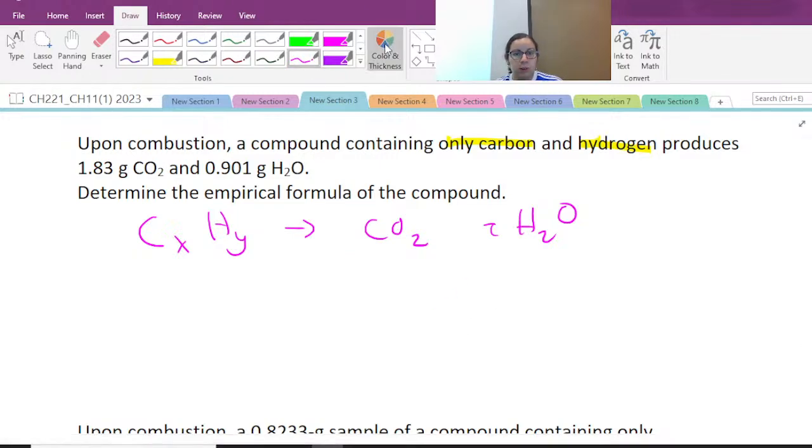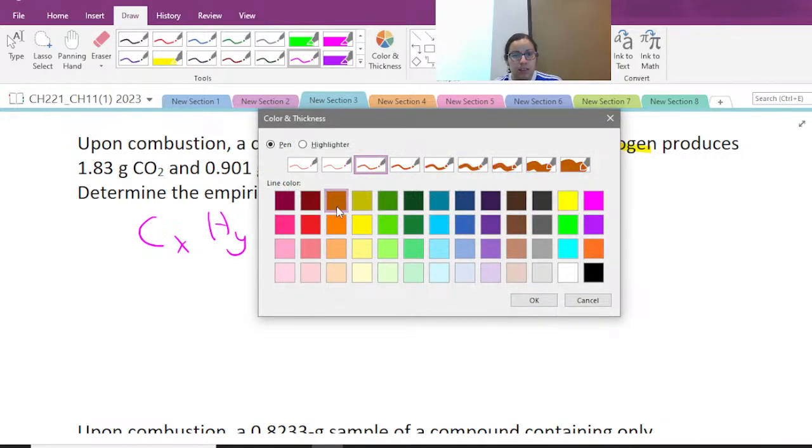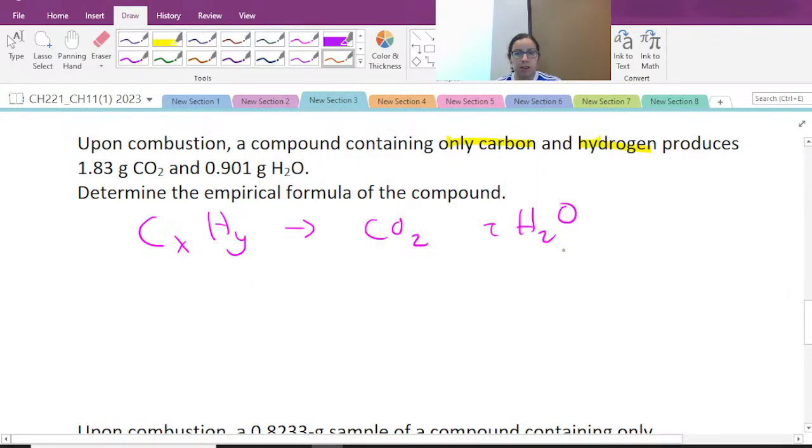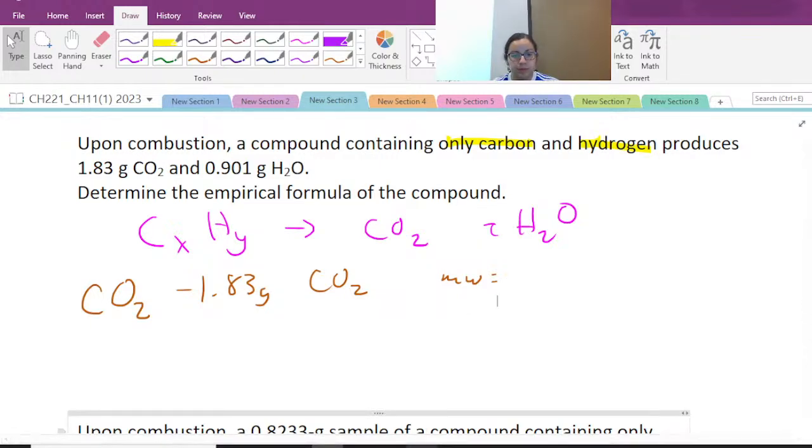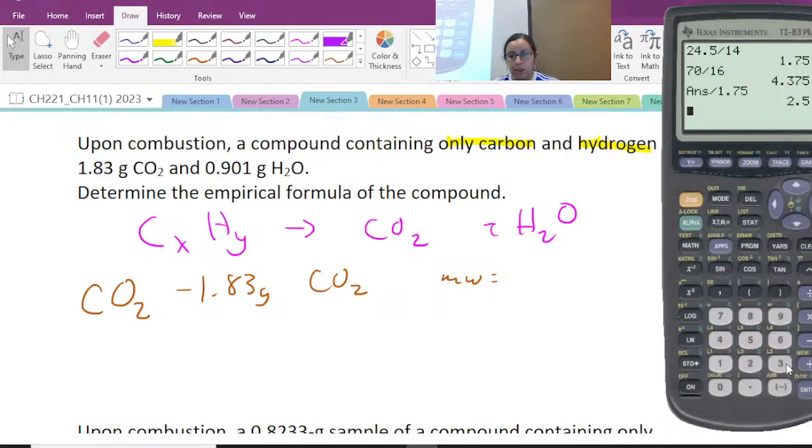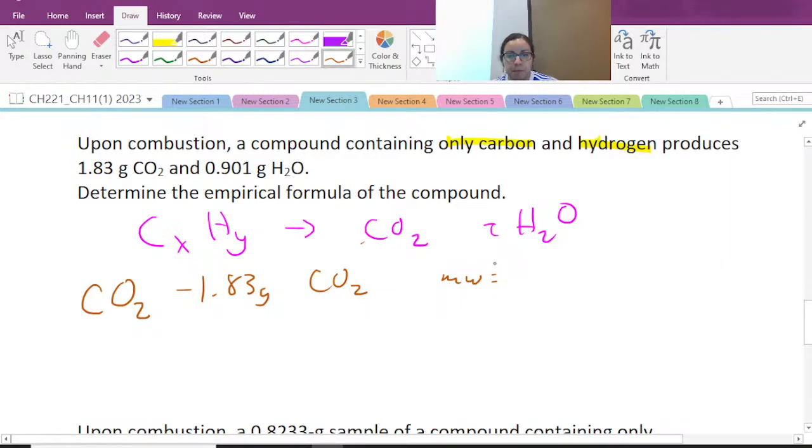So let's start with CO2, because there's a little caveat with water that you might see, but we'll get there when we get there. So 1.83 grams of CO2. And what's the molecular weight of CO2? It's 44, but let's see, 32 plus 12, so yeah, 44.